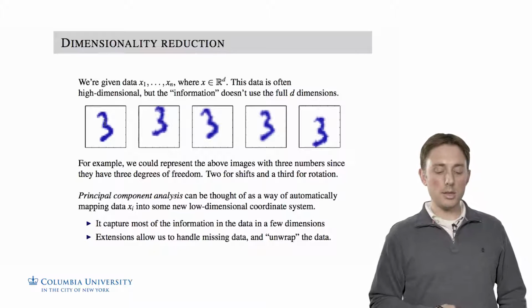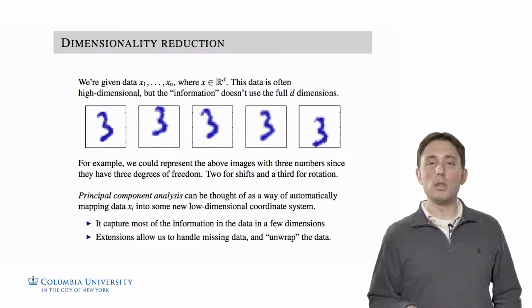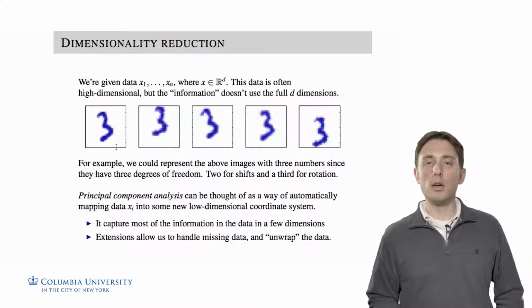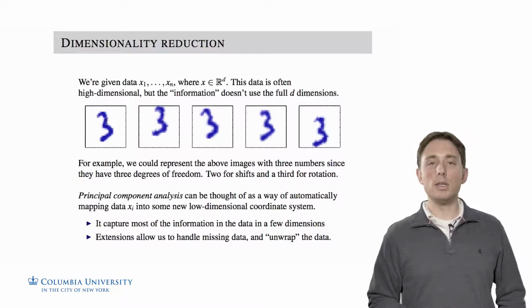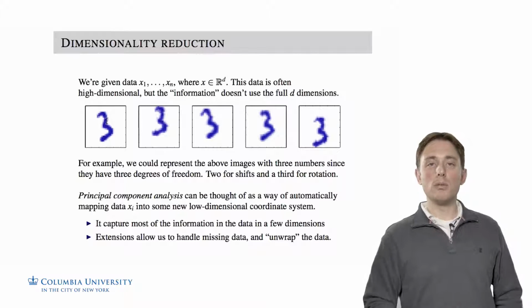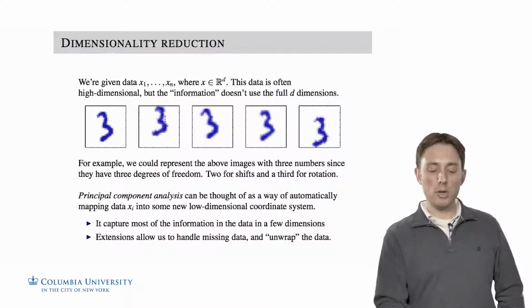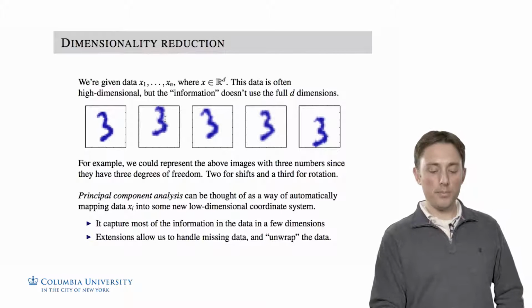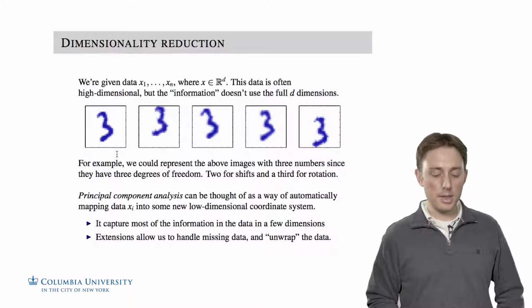So where's the center? That's a 2-dimensional vector for the center of the 3, and then the rotation is a 3rd dimension. And so really we only need 3 numbers for this data set to capture everything going into it. And then we just also need the base pattern of a 3 that's going to be reappearing in each of these images. So this is an extreme example, but also actually very relevant to many data sets.